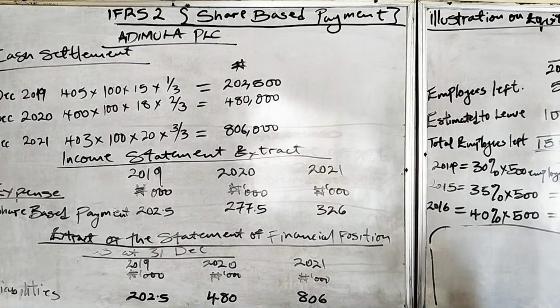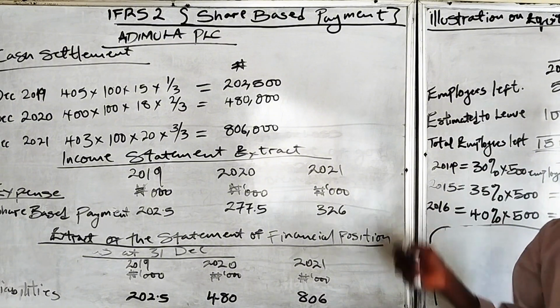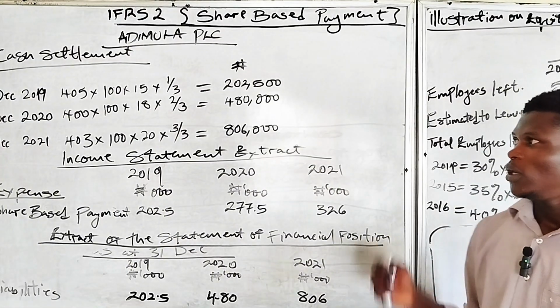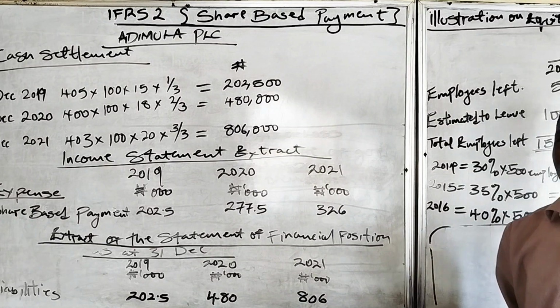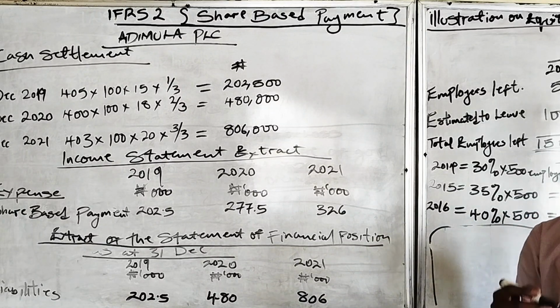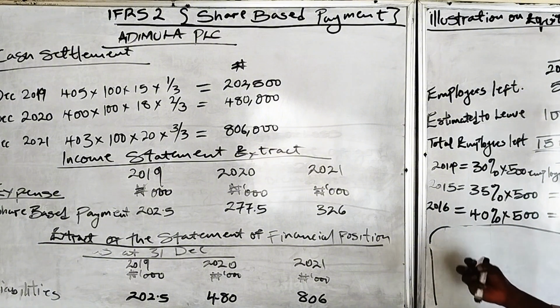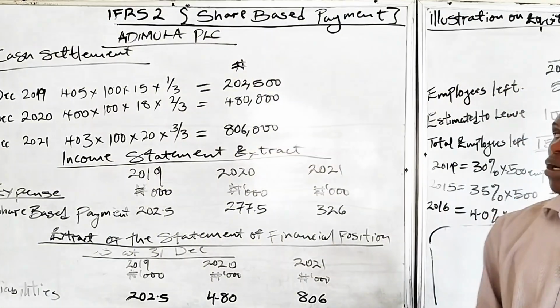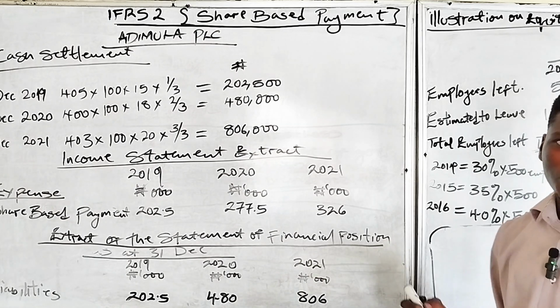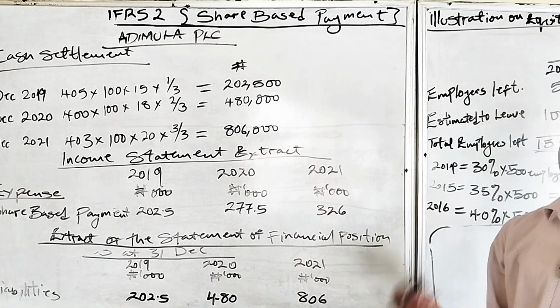Then the disclosure requirement says that the entity must state certain information in their notes to the accounts. One of them is the type of share-based payment that the company has entered into. Then the other one is to disclose the fair value of your shares at the grant date and also at each reporting period based on the type of share-based payment you are using.